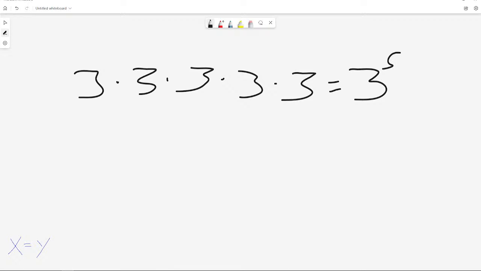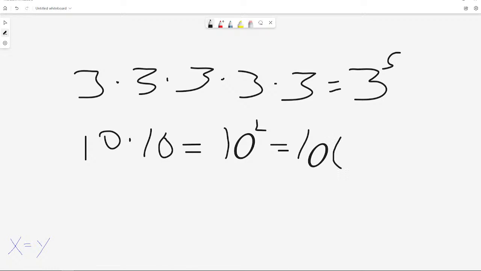So we could also write 10 times 10. We can rewrite it as 10 squared. That would equal 100.